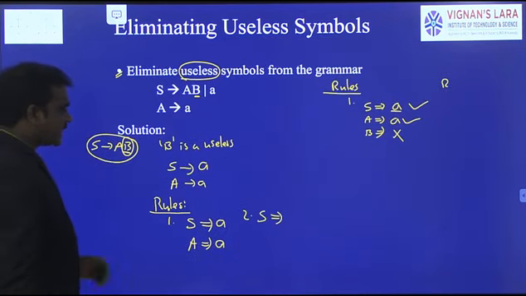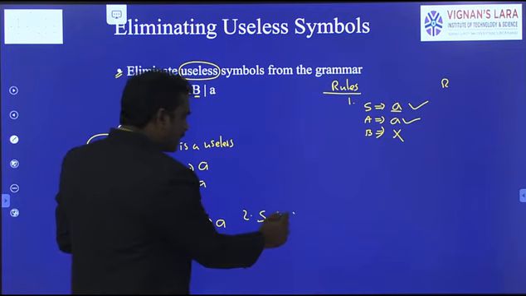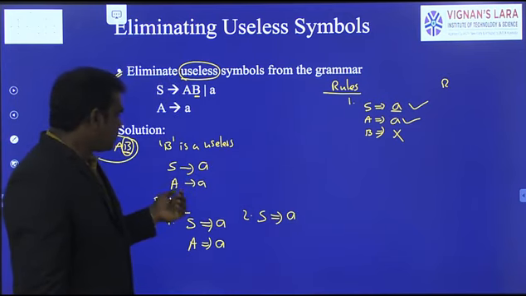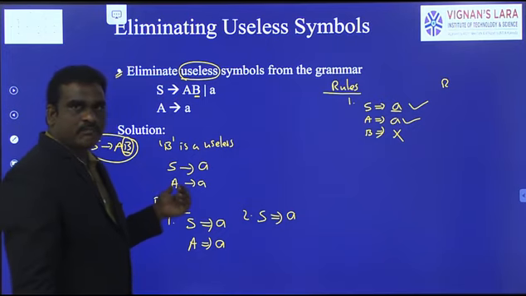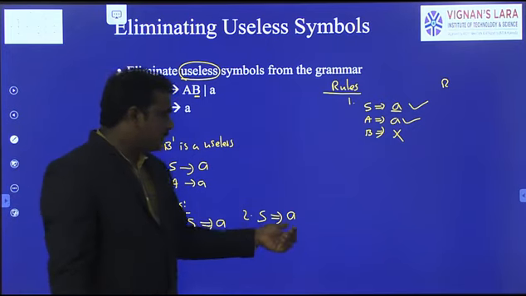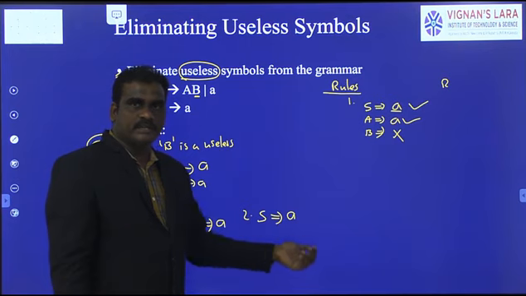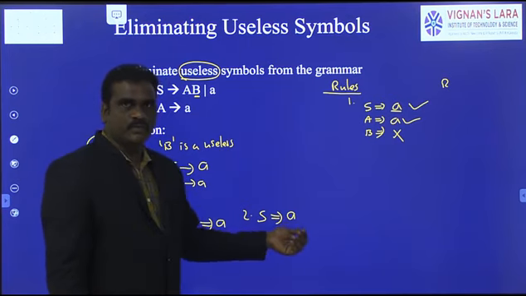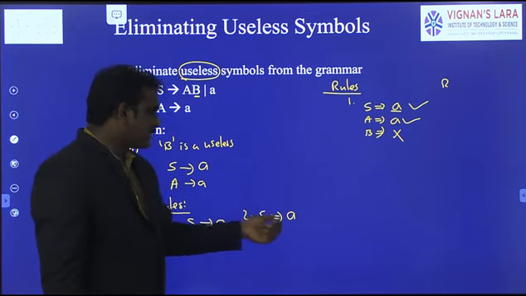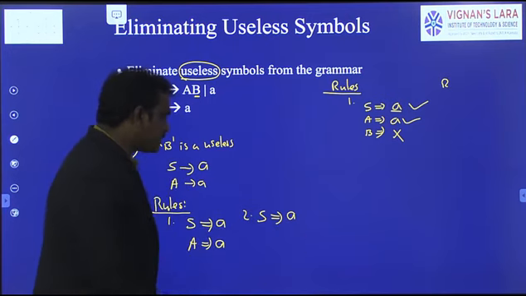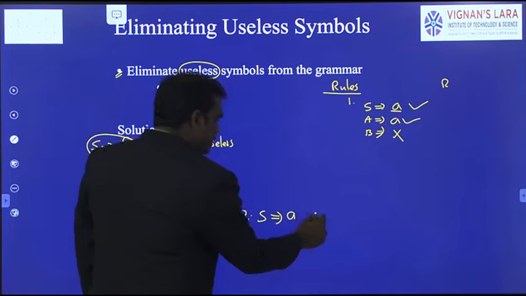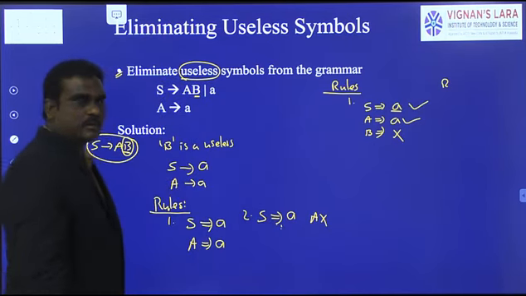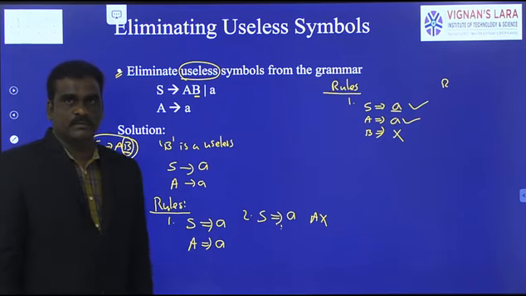But in this case, S derives only one option, that is small a only. So what about capital A? Capital A will never come into this picture, because S derives a only. So capital A is not derived from the starting symbol of the grammar. So A is a useless symbol.